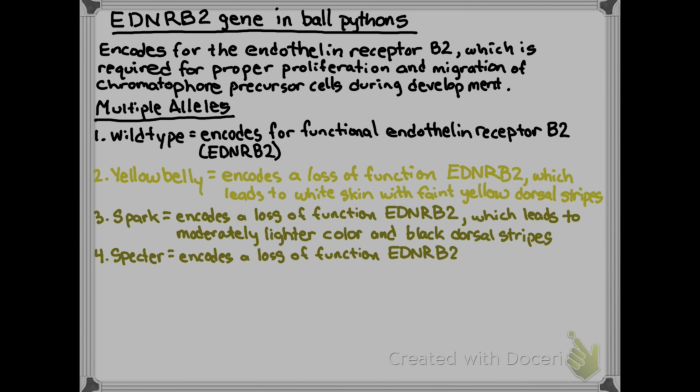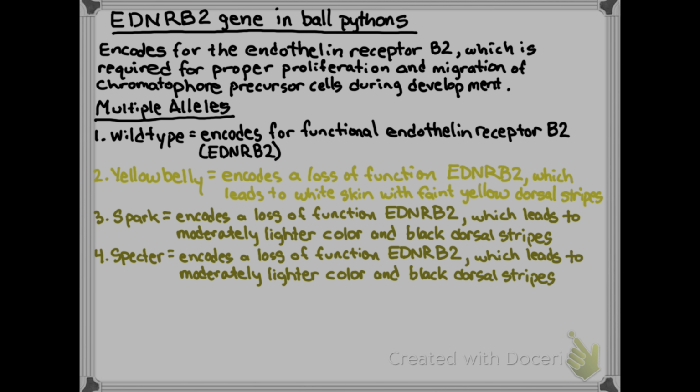This one also encodes for a loss of function EDNRB2 and moderately lighter color and black dorsal stripes as well. Essentially, the difference between these two alleles is the mutation that causes them. So technically, there are two different alleles. The phenotypes are slightly different. The homozygous phenotypes are slightly different as well.